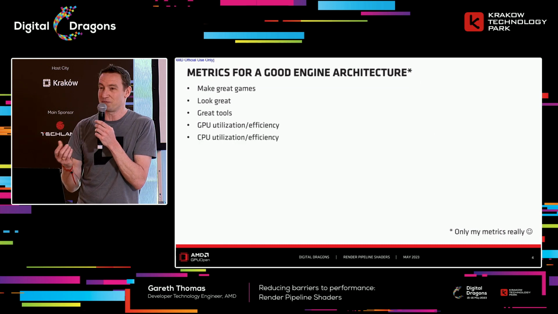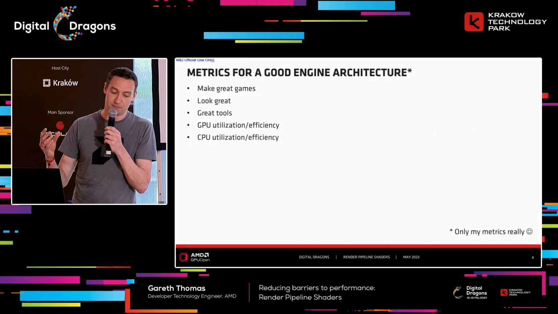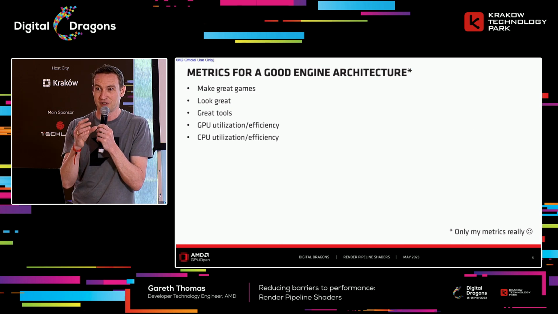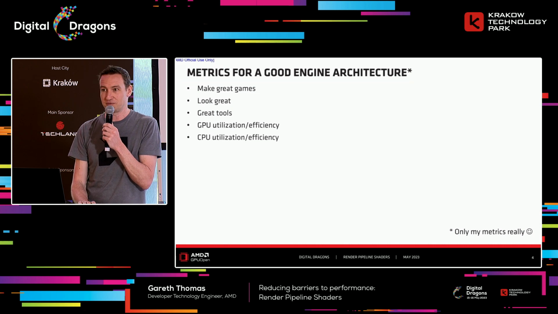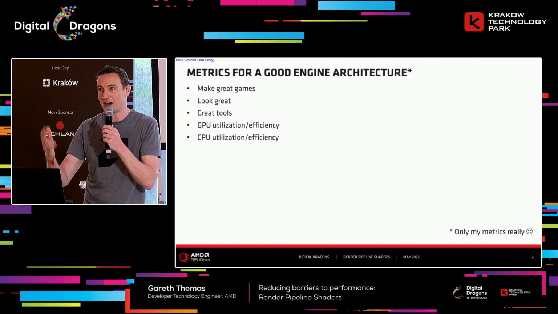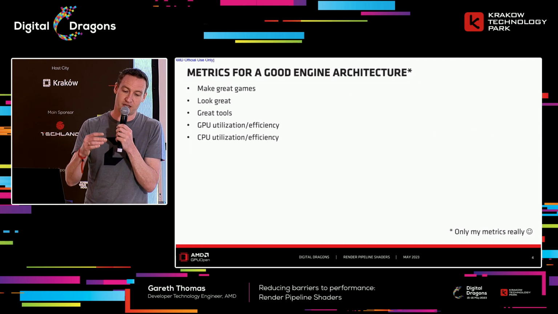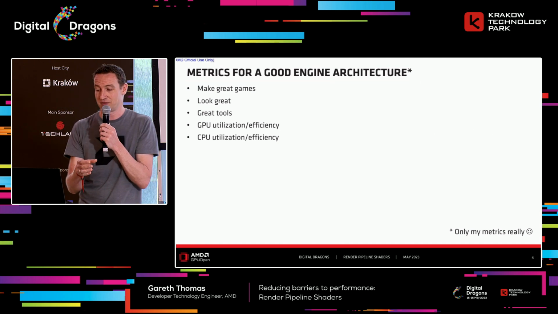But with my hardware hat on, I care very much about how efficiently you can run your game engine on the hardware, on the CPU and on the GPU. To give you some insight into our job, we generally want you to be GPU bound, certainly at 4K, but ideally at 1080p as well.